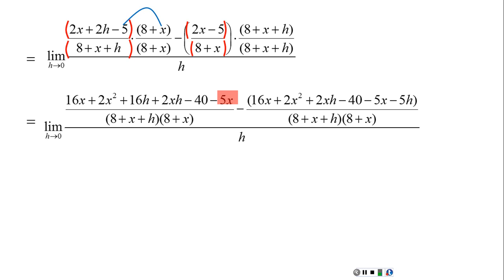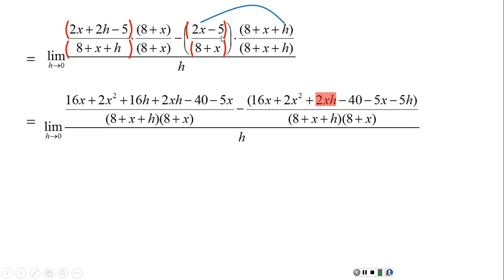So minus, parentheses. The first one is 2x times 8, which is 16x. And then I'll do 2x times x, which is 2x squared. Then we have 2x times h, which is 2xh. Okay, so now I'm done with the 2x.